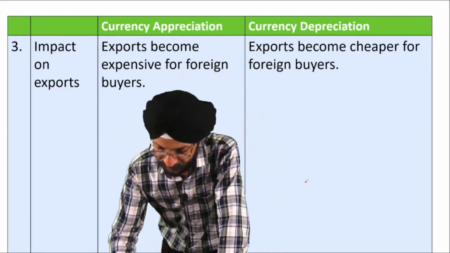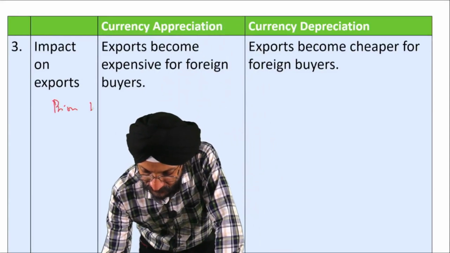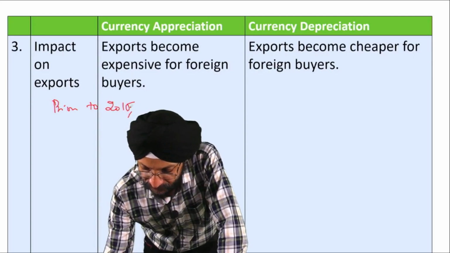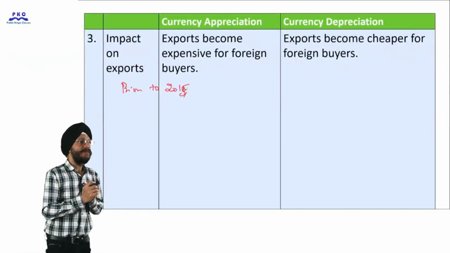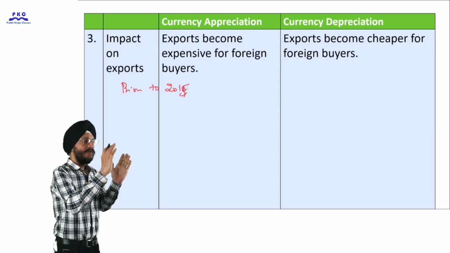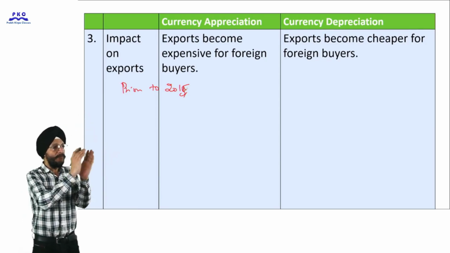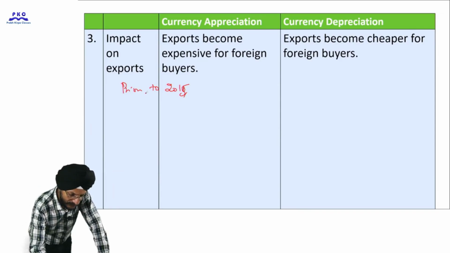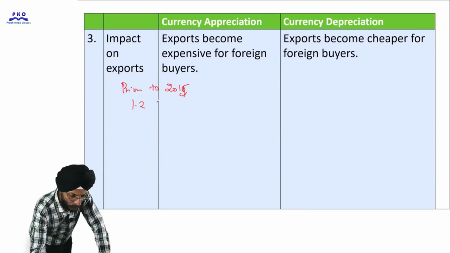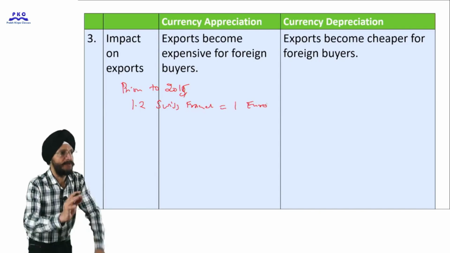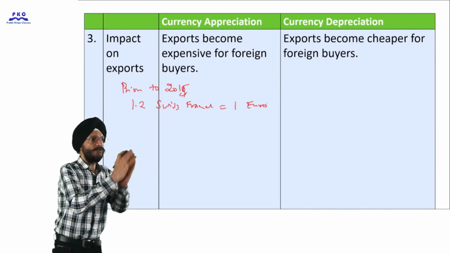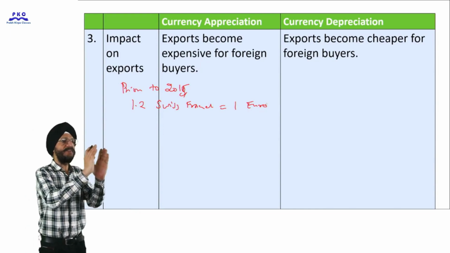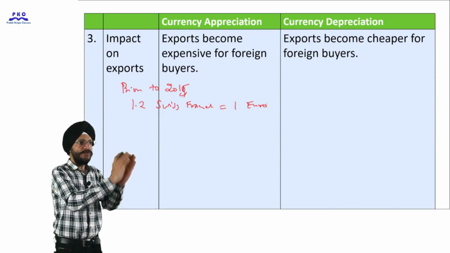Prior to 2015, the Swiss National Bank used to adopt a fixed exchange rate between Swiss franc and euro, and approximately 1.2 Swiss franc were equal to 1 euro. These are only approximate figures.